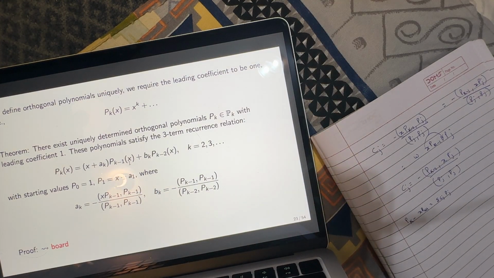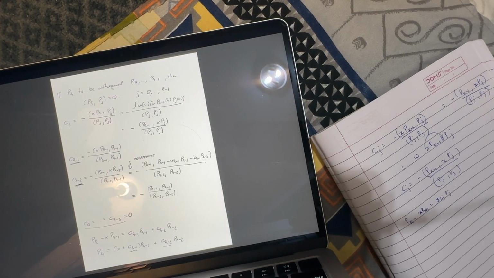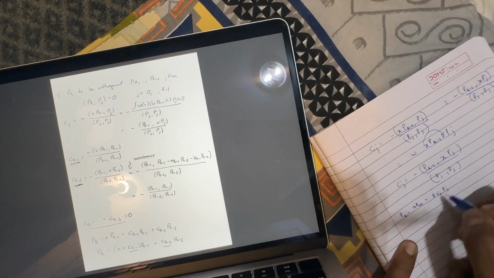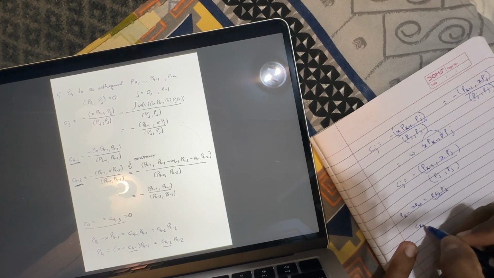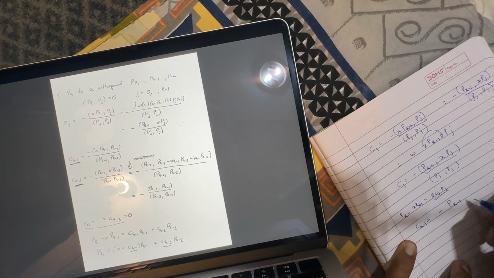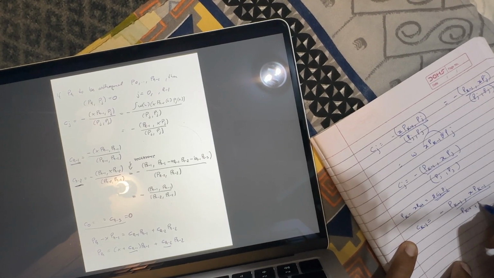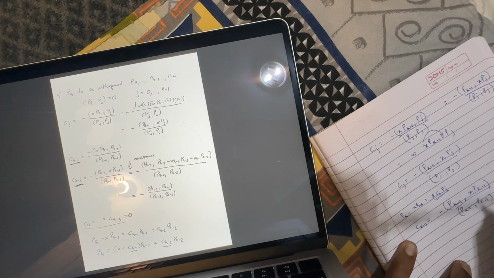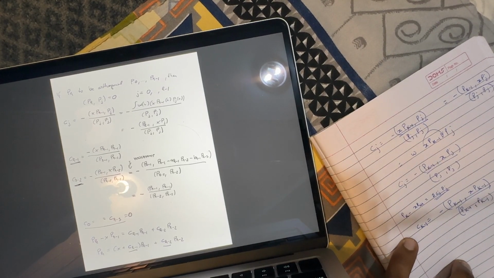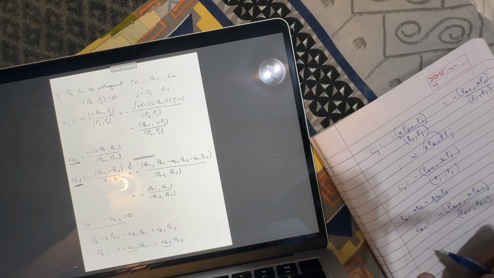Okay, let me write Ck. Ck minus 1: put j equals Pk minus 1, so it becomes Pk minus 1 x Pk minus 1 divided by Pk minus 1 Pk minus 1, right? Was this present here? It's present here. What about Ck minus 2?